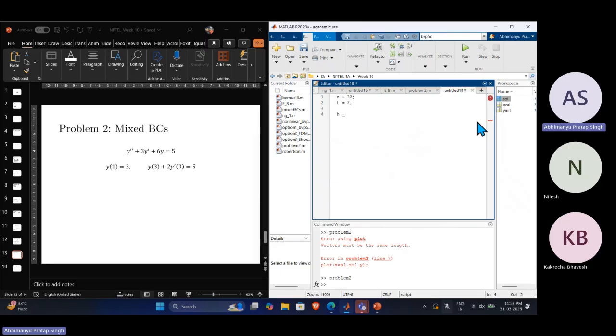So H becomes L by N. We will create the X matrix. Even though we don't need it for the solution, we need it for plotting. So it goes from 1 to 3.